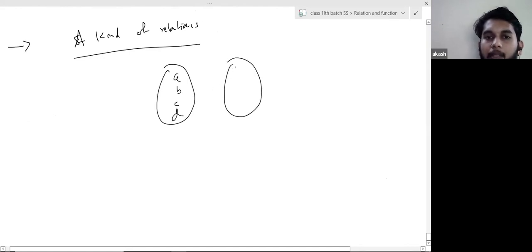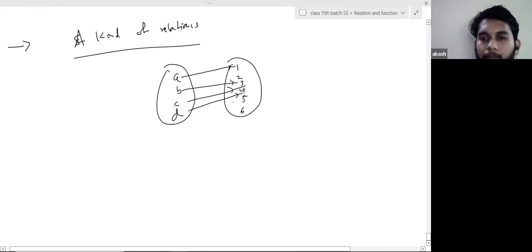Suppose this is A, B, C, D and 1, 2, 3, 4, 5, 6. If I draw this, A is related to 1, B to 2, C to 3, D to 4. Is this a relation or not? Sir, it is.